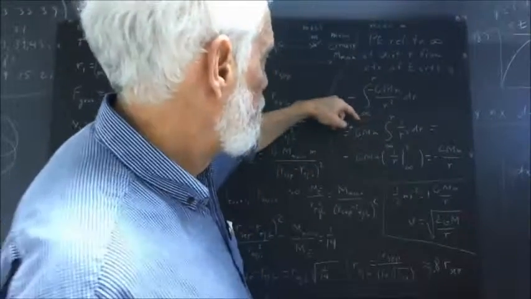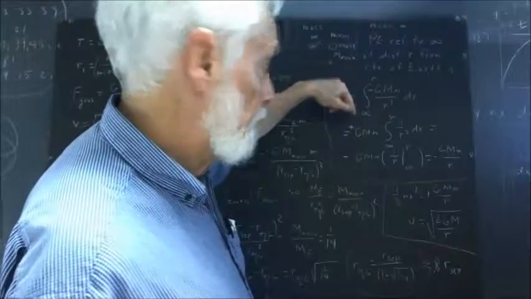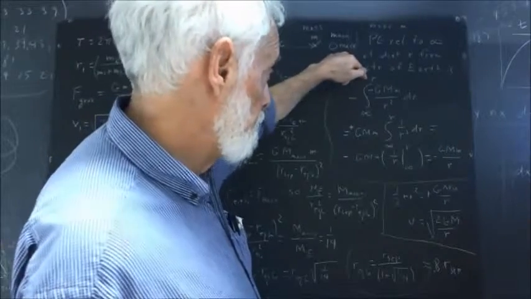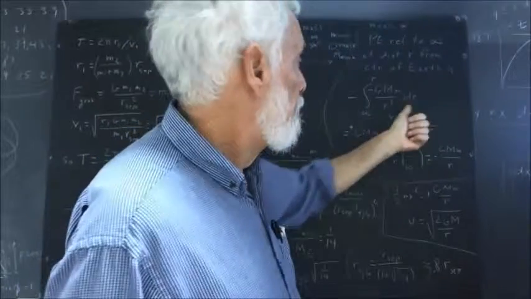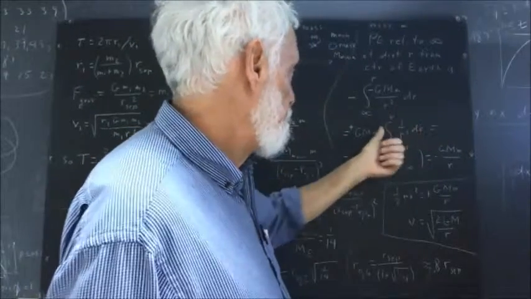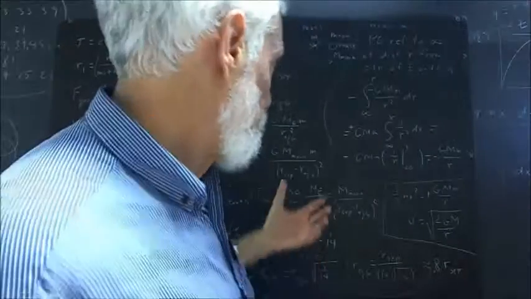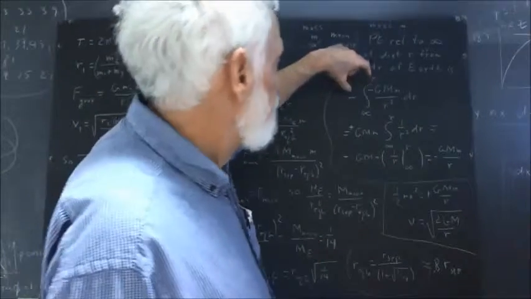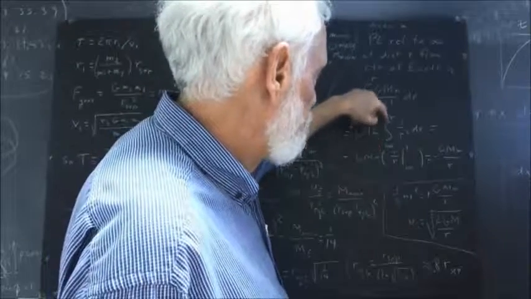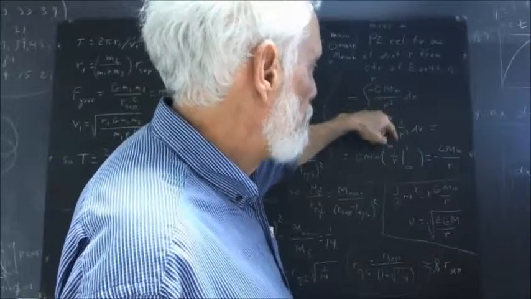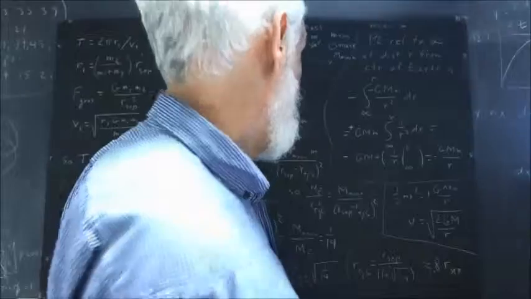Now, if we're integrating from infinity to r, then we're integrating from the greater to the lesser distance. That doesn't change the fact that dr is positive, but we're integrating in the direction opposite to dr, effectively. So our integral is just big G big M little m times the integral from infinity to little r of 1 over r squared dr.